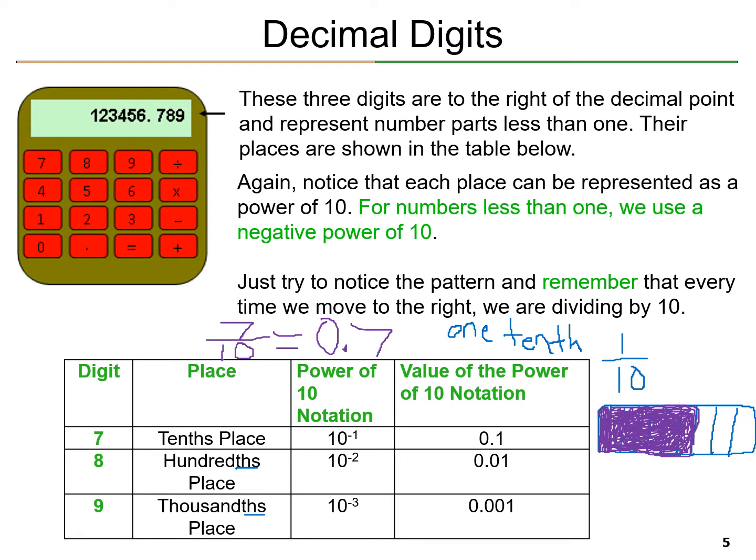0.7. So forget about the 8 and the 9. Assume that those are 0 right now. So 0.7 is the same thing as 0.700. These two zeros are trailing zeros. They don't contribute anything to the worth of this number. This is a leading zero. It doesn't contribute anything either because 0 is nothing. That's a leading zero.